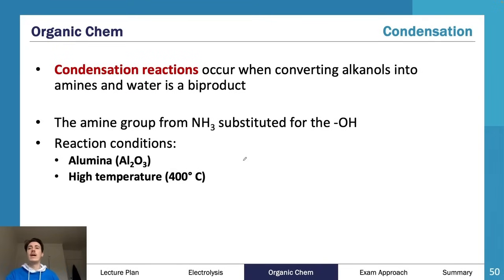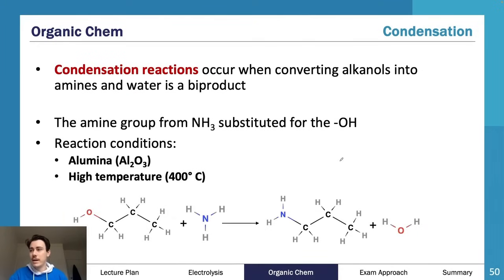So, when an amine group, NH3, is substituted for the OH group, the reaction conditions are the following. As you can see there, you have taken this off and you have added this to here. That's what's going on. But if you notice, you have OH and you have an H left. Well, it's 2 hydrogens and an oxygen. What's that make? It makes H2O. It makes water. So water has been removed. Water is the byproduct.